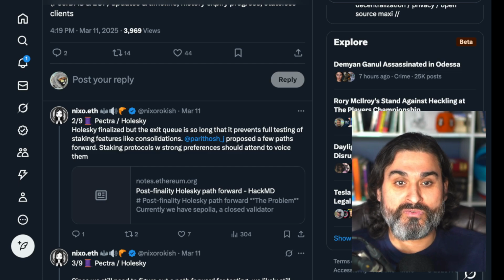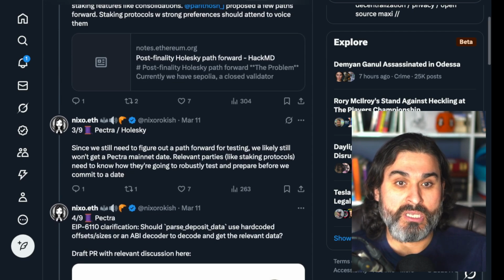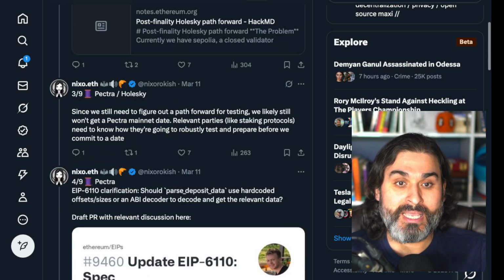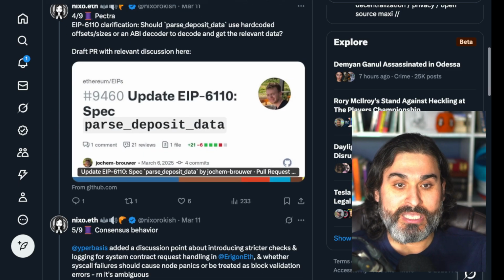Parithosh proposed a few paths forward. Staking protocols with strong preferences should attend to voice those preferences. Then we still need to figure out a path forward for testing. We'll likely still not get a Pectra mainnet date. Relevant parties like staking protocols need to know how they're going to robustly test and prepare before we commit to a date. And then there's some more information about EIPs, etc.